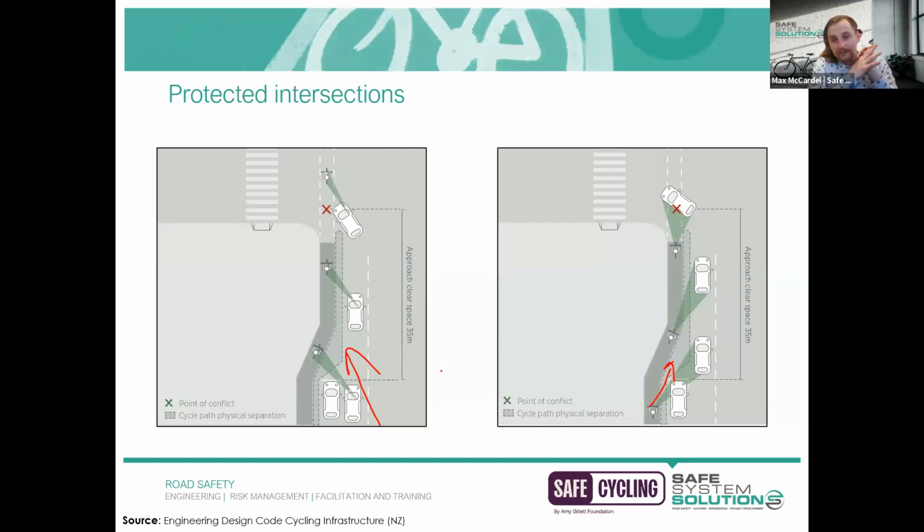So the first part of the question, yes, there has been some research into this, that they do offer crash safety reductions. I can't tell you the exact percentage figure, but yes, that's why it's regarded as best practice at intersections, because we know that they do improve the safety for cyclists.